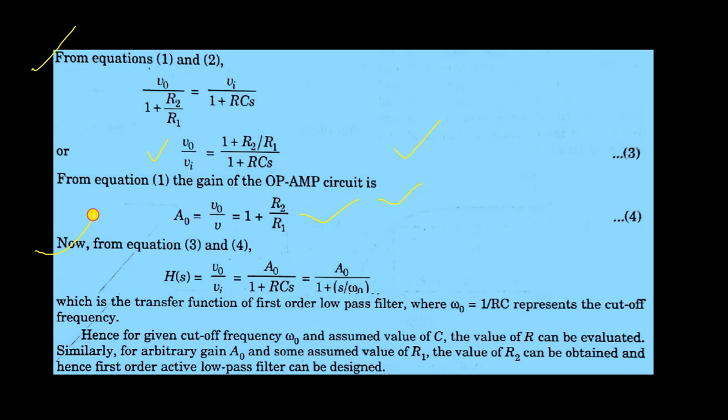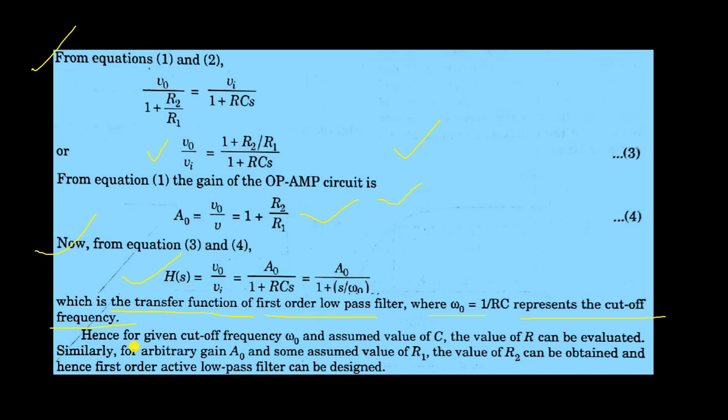Now, from equations 3 and 4, the transfer function H(S) = V output/V input = A0/(1 + RCS) = A0/(1 + S/omega0), which is the transfer function of the first order low pass filter, where omega0 = 1/RC represents the cutoff frequency.